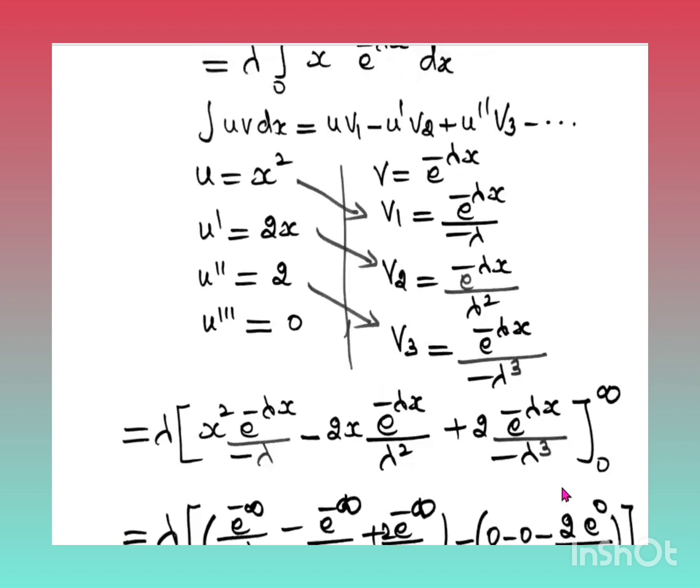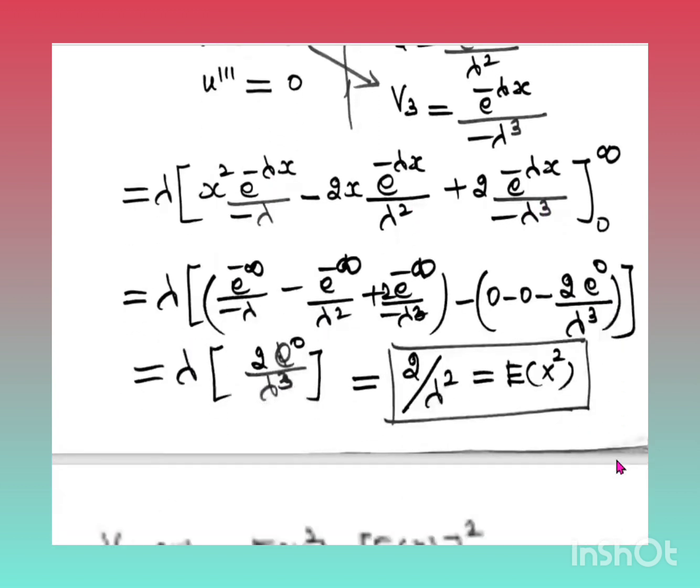So using the formula, lambda into uv1, x square e power minus lambda x divided by minus lambda, minus u dash v2, 2x into e power minus lambda x divided by lambda square, plus u double dash v3, 2 into e power minus lambda x divided by minus lambda cube. Limit is 0 to infinity.